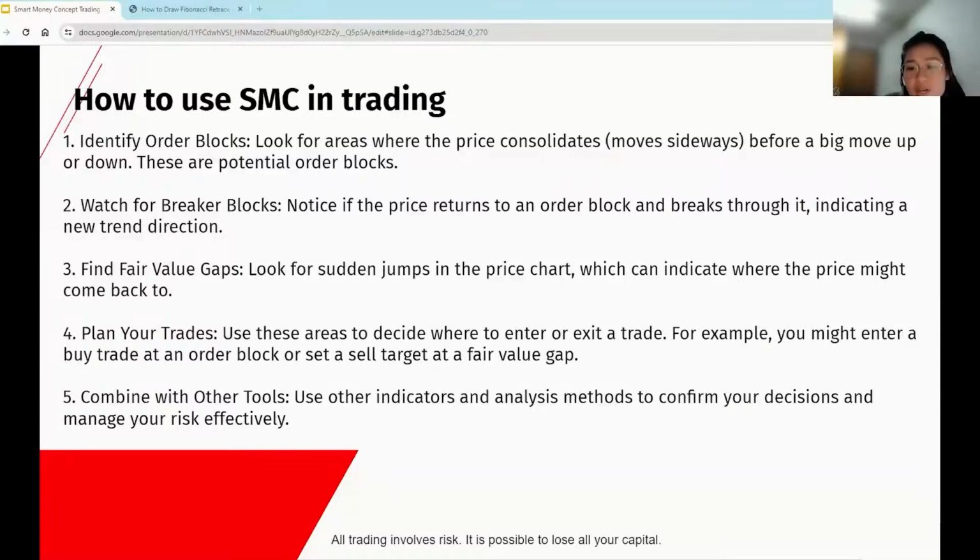So you want to use these areas to decide where to enter or exit a trade. For example, you might enter a buy trade at an order block or set a sell target at a fair value gap. And number five, combine with your other tools, like your other indicators and analysis methods, to confirm your decisions and manage your risk effectively.